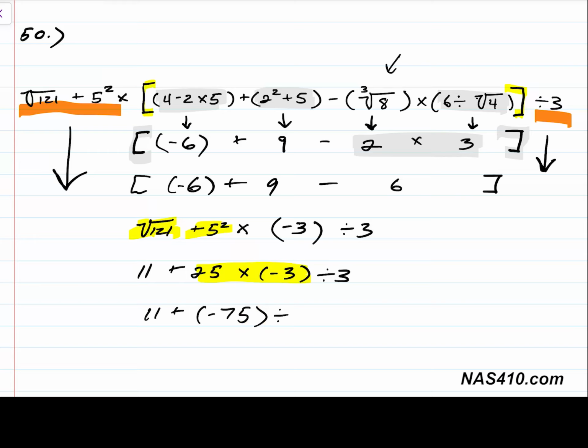Now I have this division here, so I'm going to do that next. 75 divided by 3 is 25, so -25. And so we're back to where we started from: 11 plus -25. 11 plus -25 is, drum roll please, -14.